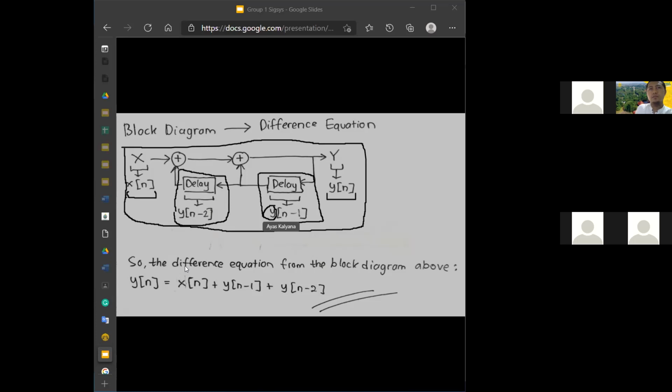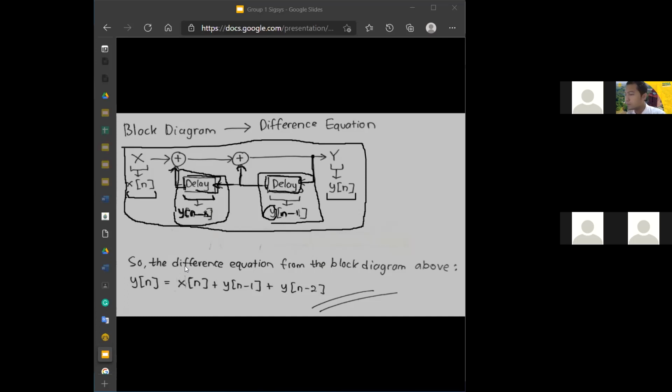This delay is y. So it flows from the end into the input, and this part here is y[n-1]. And we also have the second delay here, which flows through here, and the magnitude is y[n-2], since it's the second one.